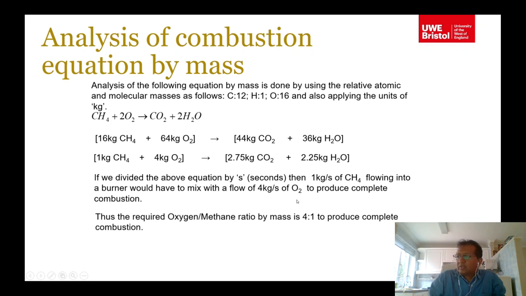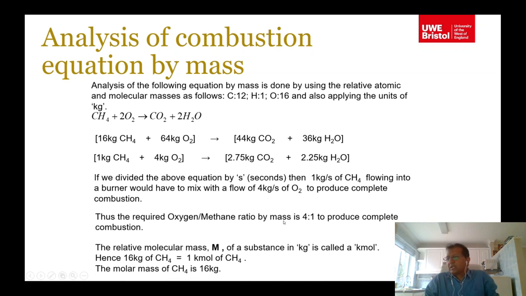By mass, you need 4 kilograms of O2 to combust with 1 kilogram of CH4, so the gravimetric ratio is 4 to 1. The relative molecular mass of a substance in kg is called a kilomole. Hence, 16 kilograms of CH4 is 1 kilomole of CH4.